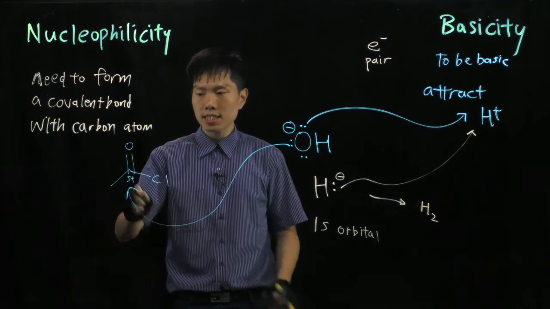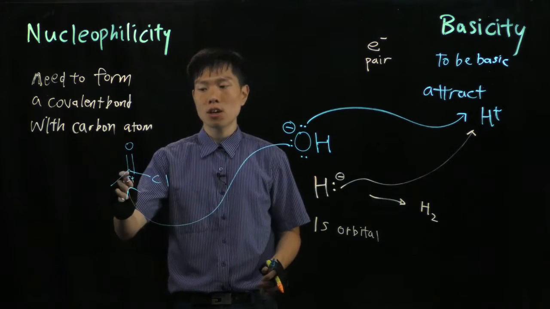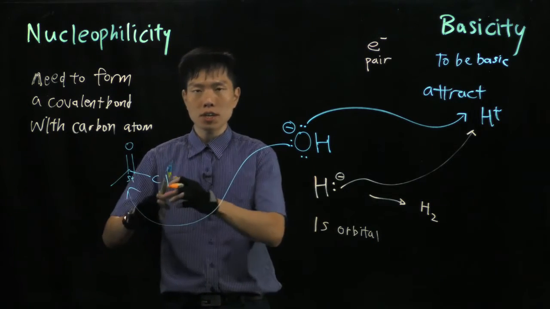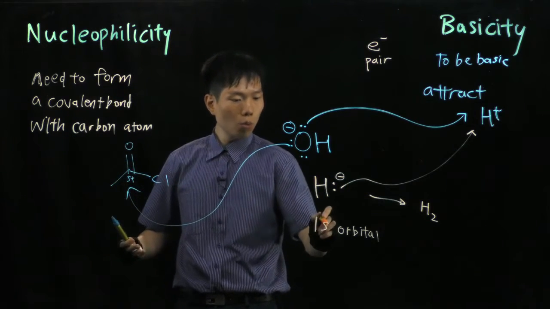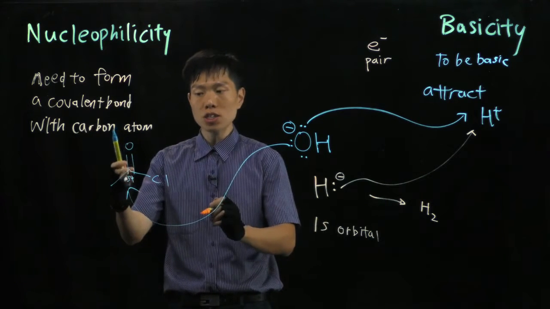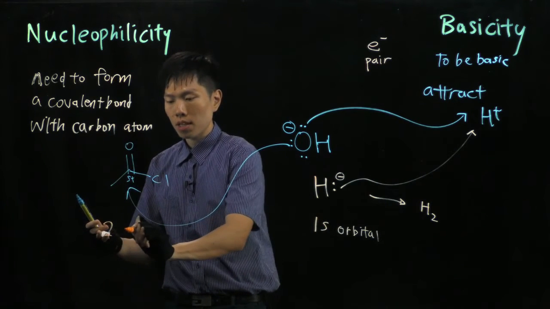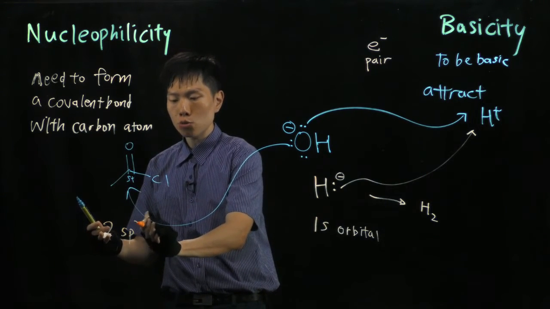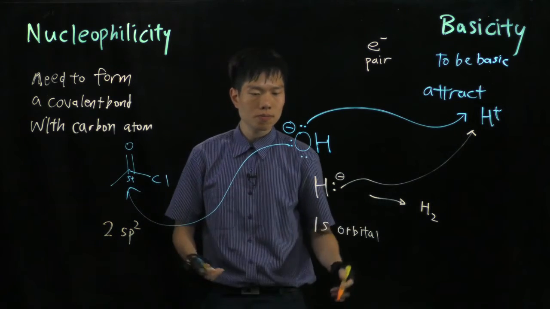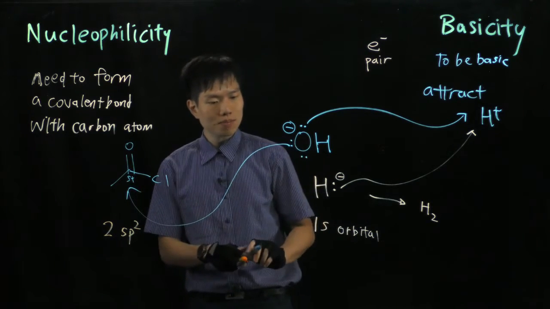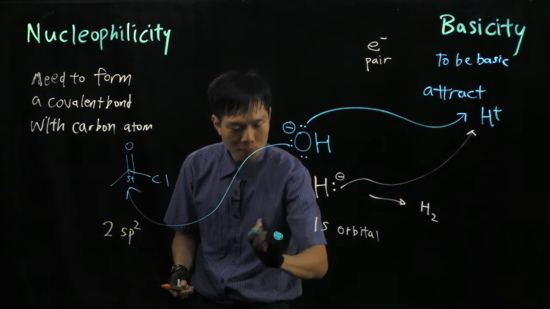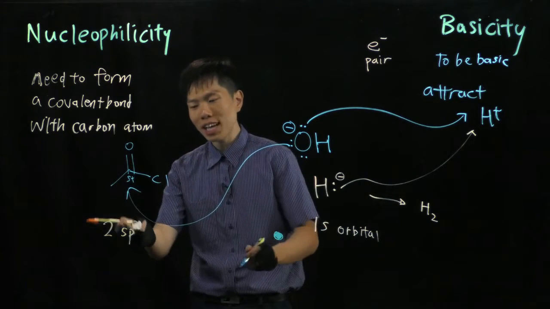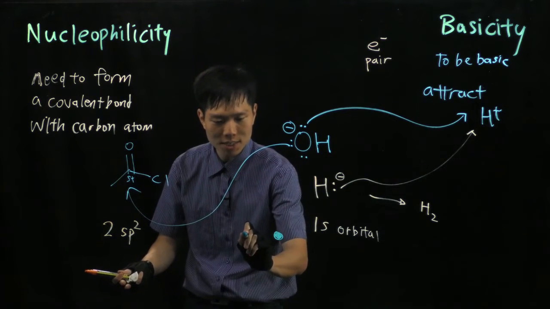So in this case, it is an sp2 hybridized orbital, and with a larger size and higher energy, the overlap of the 1s orbital and the larger sp2 orbital is not good. To simplify things, basically, you have a very small spherical s orbital, and then you have a larger sp2 orbital that looks like this.